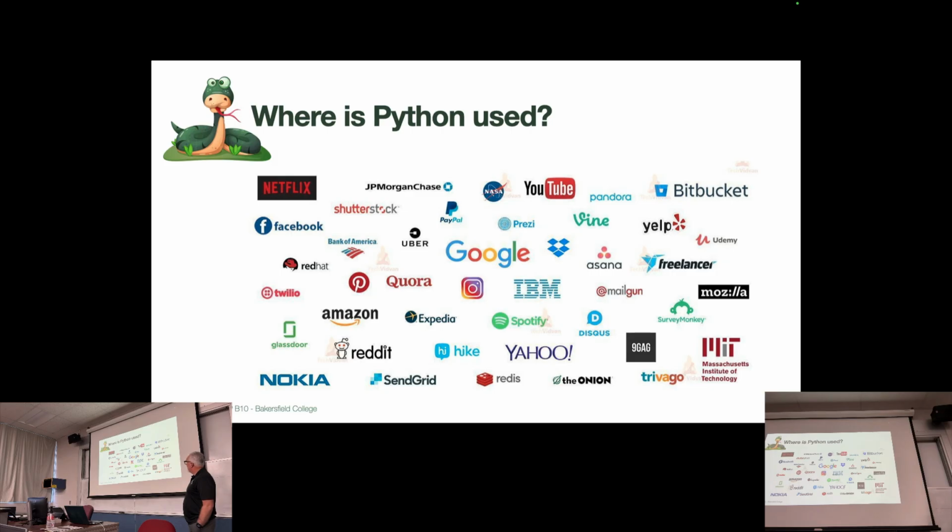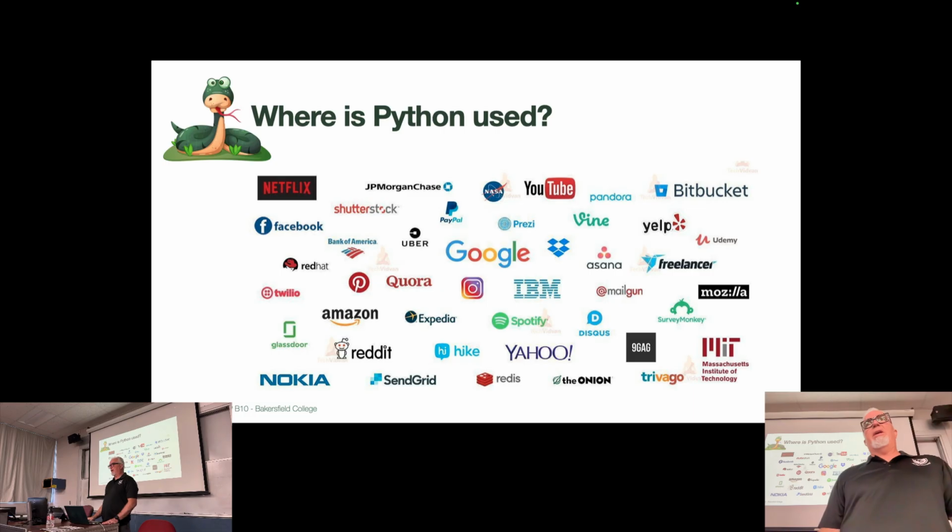Okay, there are a few reasonably large companies here. By the way, this is not even an exhaustive list. This is just a sample. So you can see Python is great for learning programming, but if you want to make a career in software development or AI or something like that, Python is a really good tool to be really good at as well.